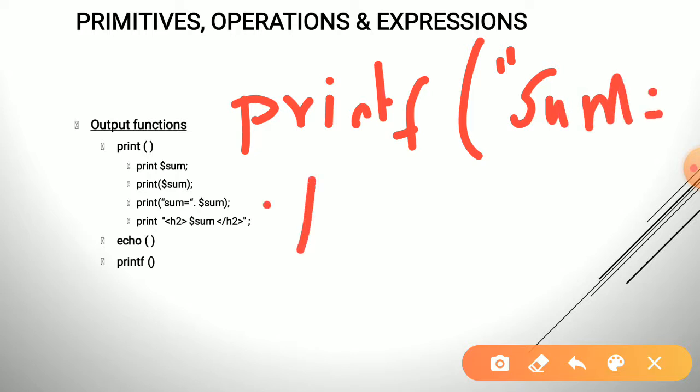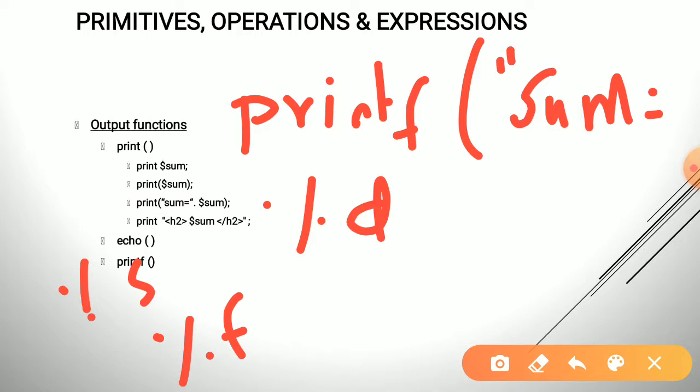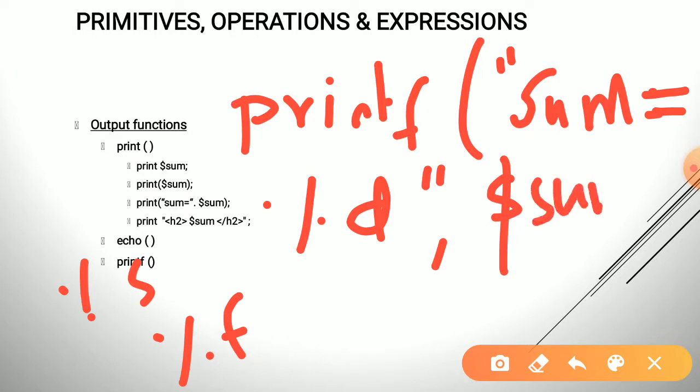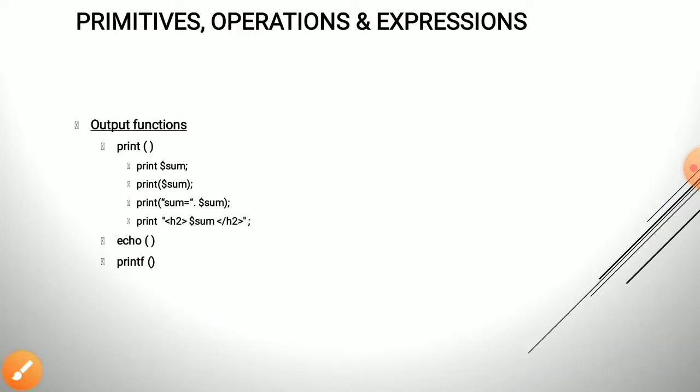We can use type specifiers like %d, %s, %f, etc.: %s for string, %f for float, and %d for integers. So printf("sum equal to %d", $sum). We can print the value of $sum like this using the printf statement. So these are the three output statements available in PHP: print, echo, and printf.